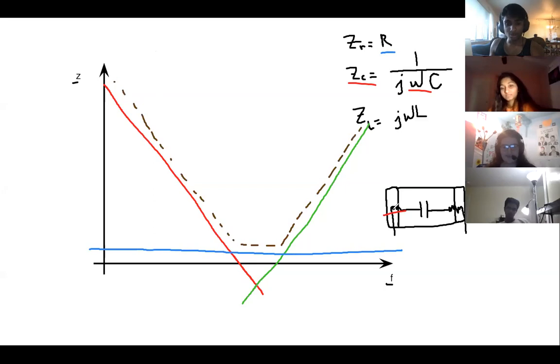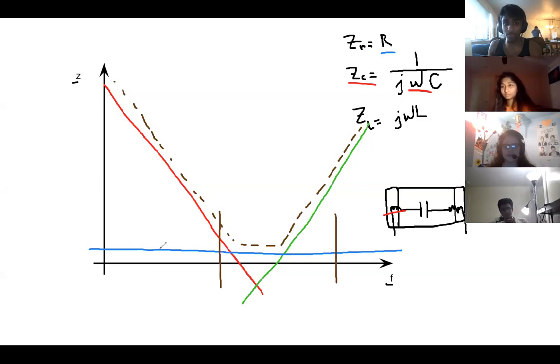There are different things we could change to make this curve the way we want it. But at a high level, the goal is to minimize the impedance at all points of operation. So our switching converter operates from this arbitrary frequency to this arbitrary frequency, right?